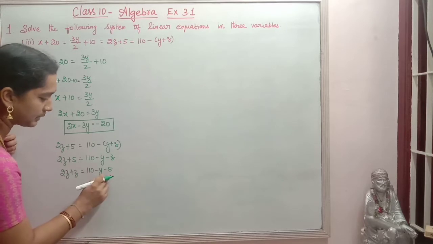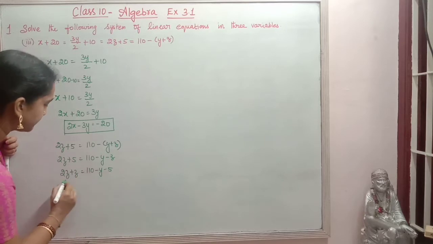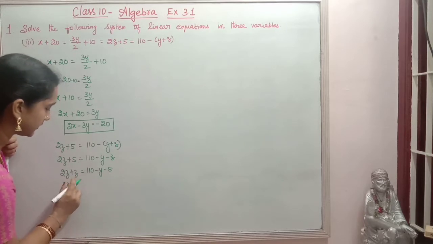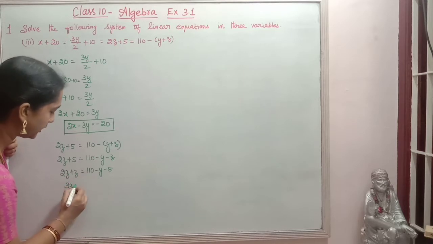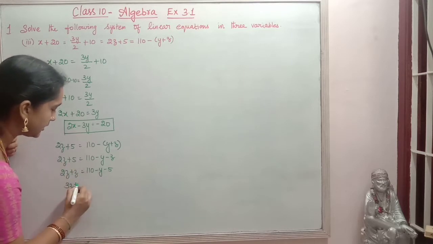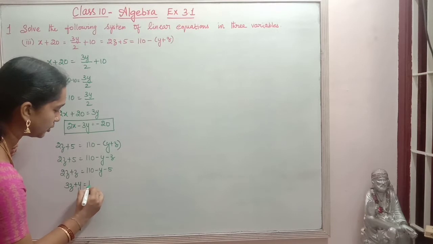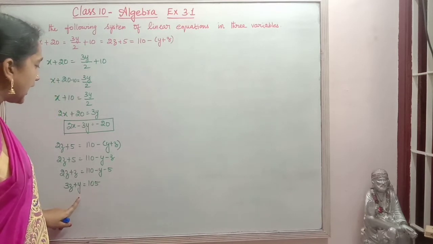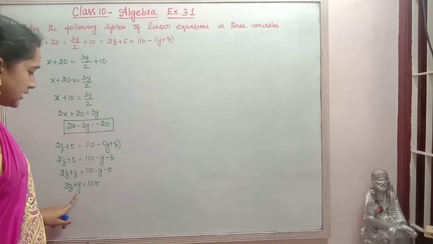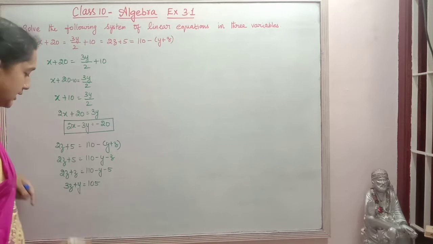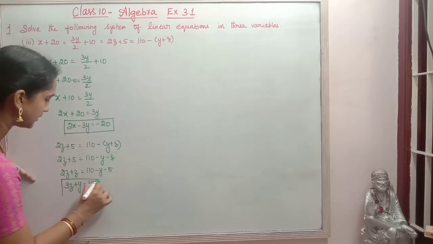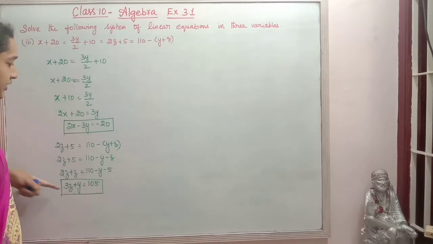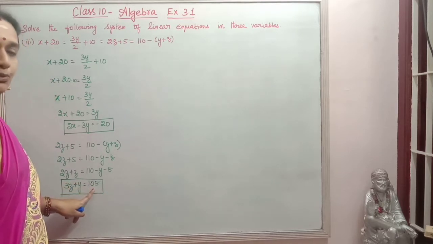This 5 I am bringing to the other side, so here it will be 3z. Then this y also I am bringing to that side, so plus y is equal to 105. So I got an equation with z and y: 3z plus y is equal to 105.